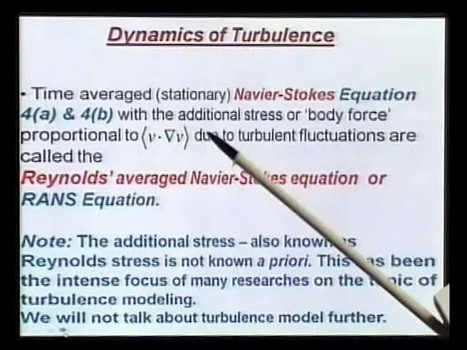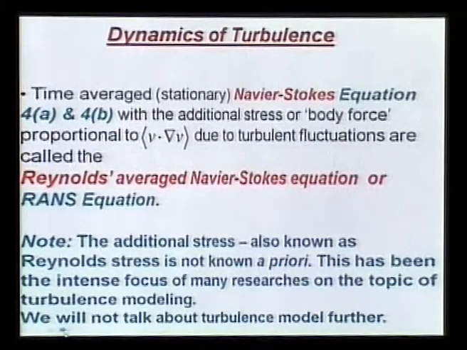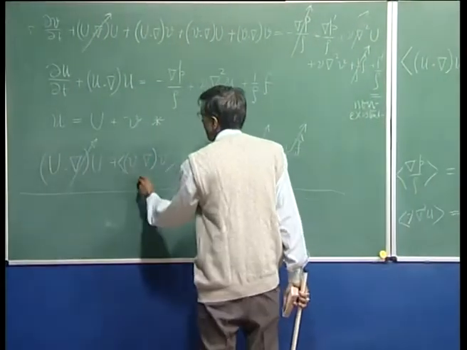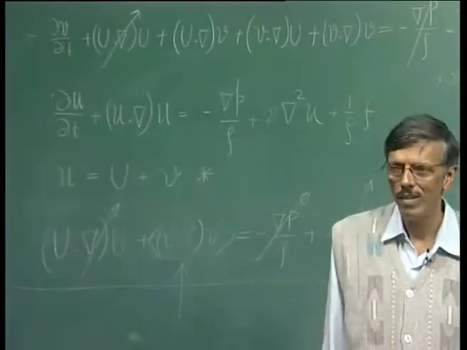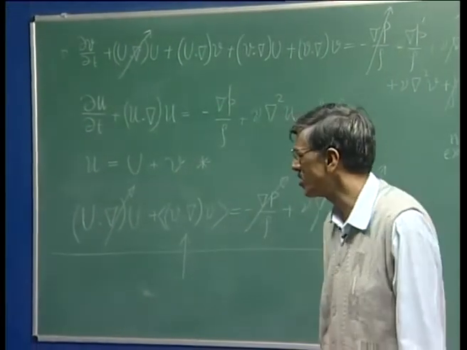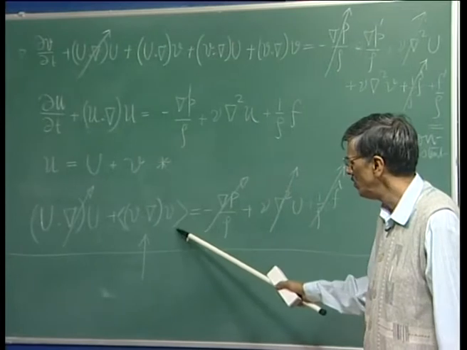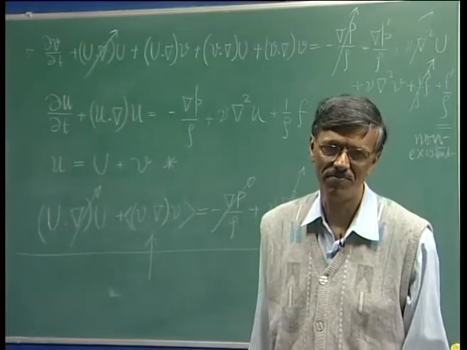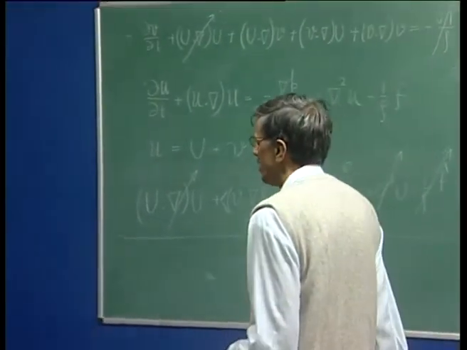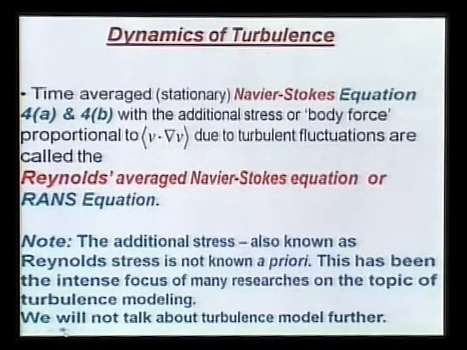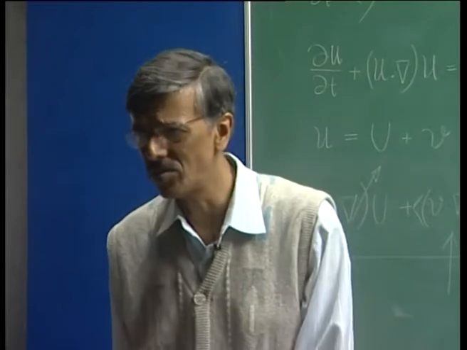However, what we have noted in that equation, well, we have it here. We have no clue about this term. Immediately we do not know what it is, because it is related to the fluctuation. What is its physical nature? It is like your stress term, right? The stress term that we are familiar with. Even in laminar flow we have this stress term.